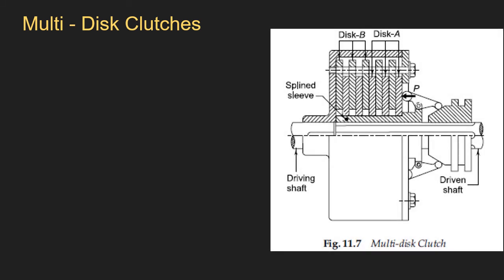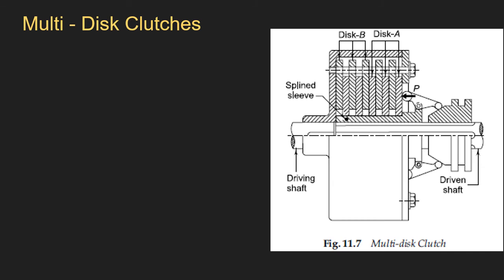All right, so let's look into multi-disc clutches now. This is the figure of a multi-disc clutch, a schematic of a multi-disc clutch taken from the Bhandari textbook. Now, if you see, this is the driving shaft here, and you have the driven shaft here, right?